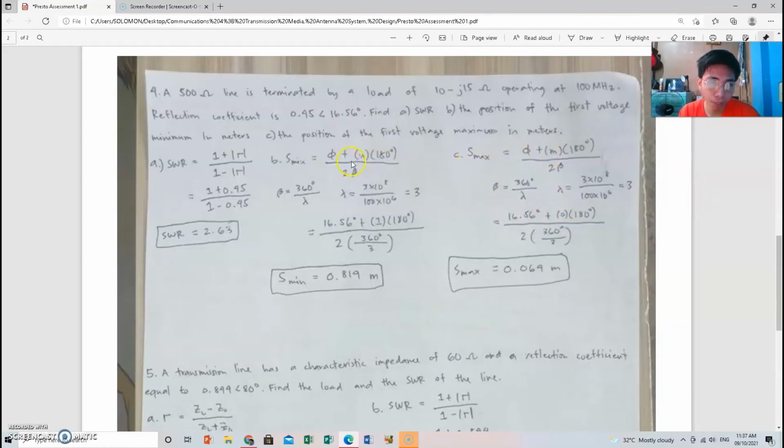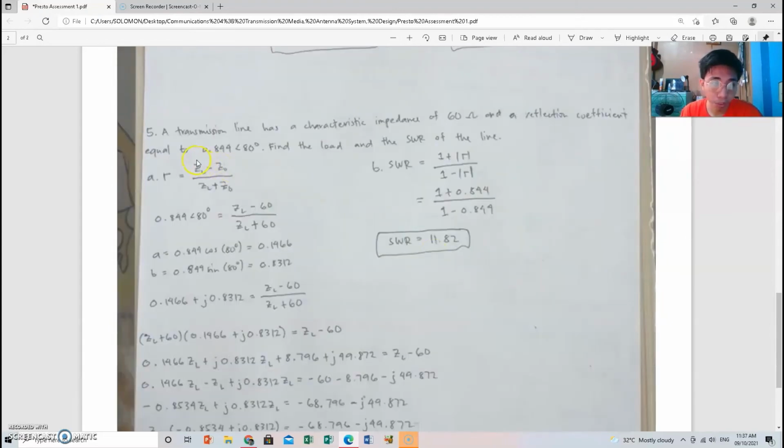If we are finding the minimum, the n is 1, and if maximum, the m is 0. Multiplied by 180 degrees all over 2 beta. So we have beta is 360 degrees over 3. So simply calculating this one, we have S maximum is equal to 0.069 meters, or the position of the first voltage maximum.